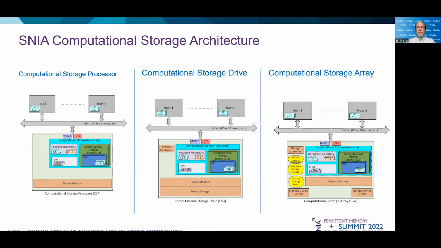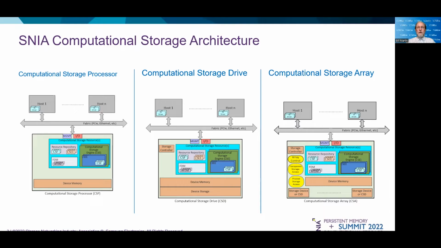The computational storage processor does not have any device storage actually on it, and it relies on communication with device storage that it is associated with on the same fabric, relying on peer-to-peer connection to move data between that storage and the computational storage processor.